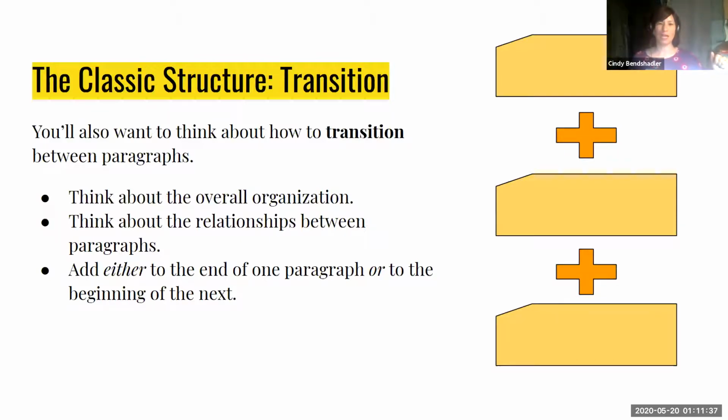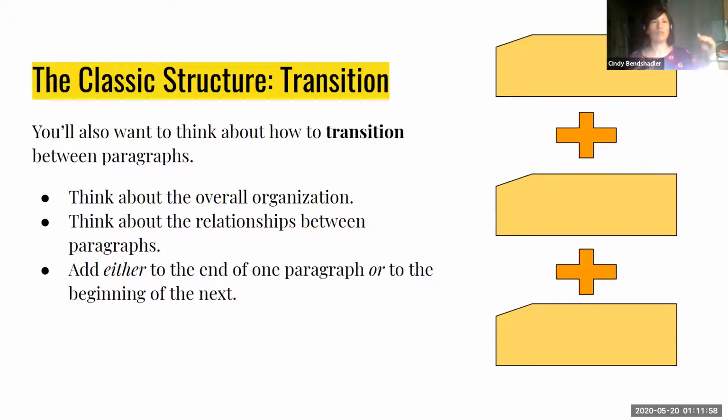And it helps if you think, first of all, about your overall organization. If you have organized your body paragraphs just randomly based on what you thought of at the moment, that's going to show, because you're going to have trouble transitioning between paragraphs, or those transitions will be weak and kind of artificial.